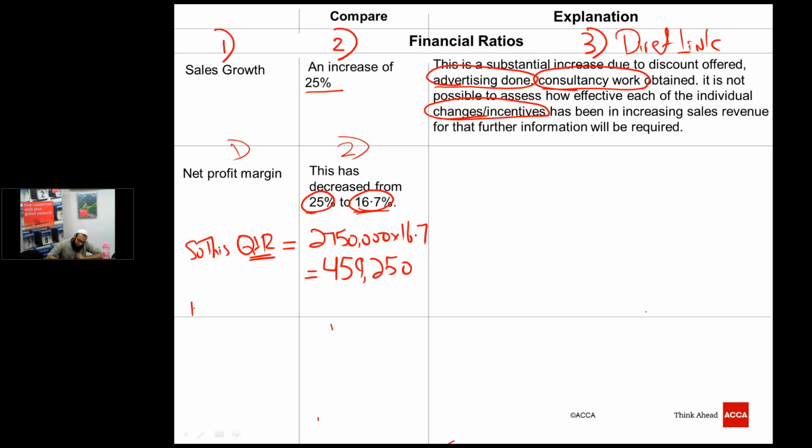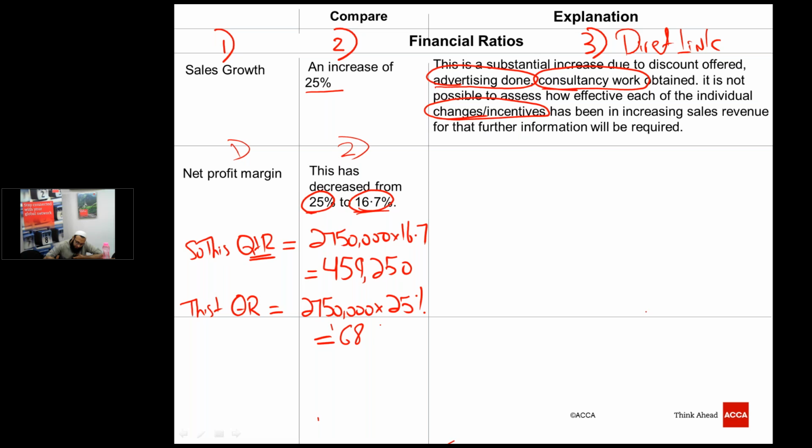If in this quarter we would have maintained the ratio of 25%, which was in the previous quarter, which we failed to do, how much would our profit have been in that case?